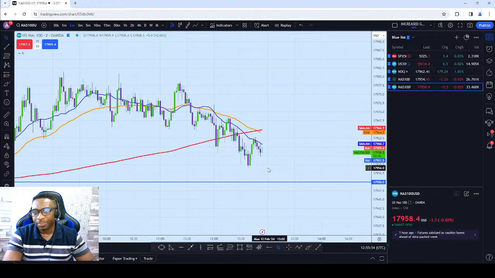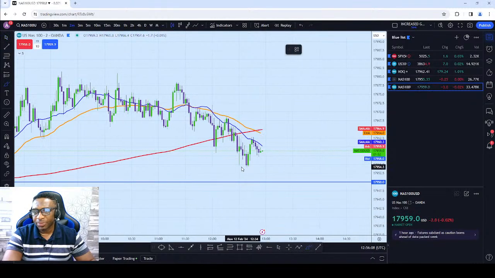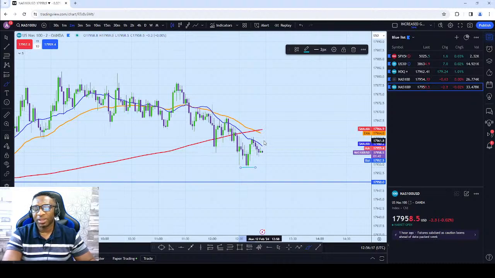So over here, what we are looking out for is if price doesn't break below this area, and then holds at this point and crosses above it, then we have an option to take a trade going up.